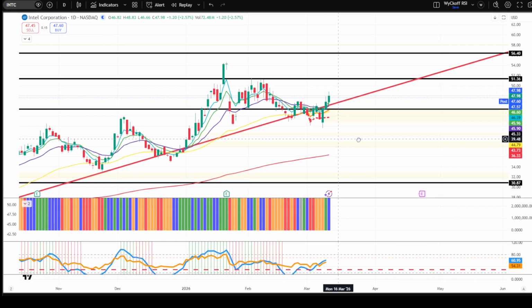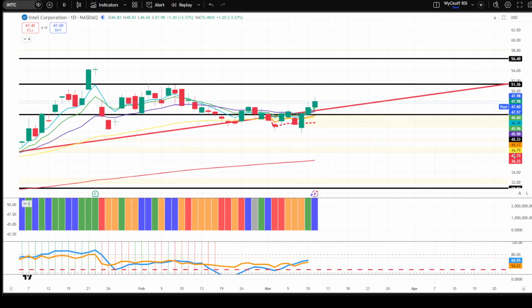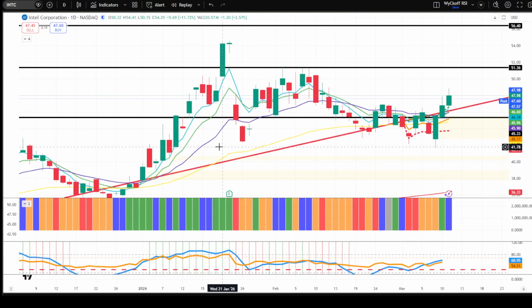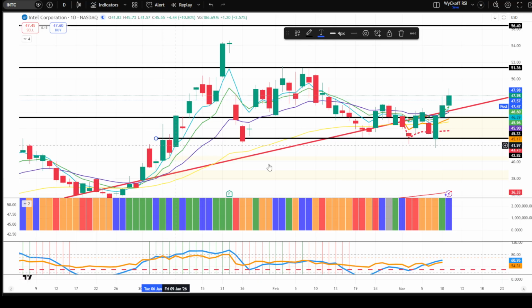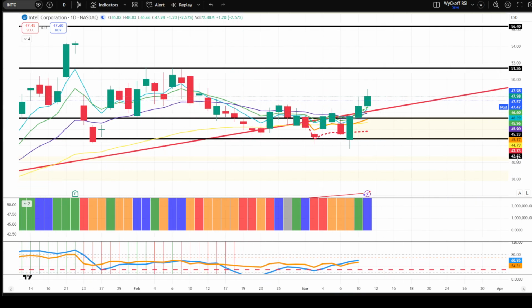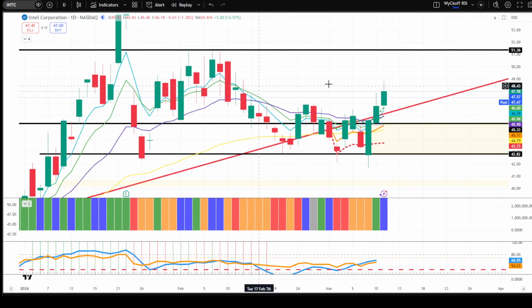And what's going on here? As we zoom in, you see that there are other support levels, right? So you start marking those off. Eventually you're going to have so many lines. Sometimes you don't want that because it can get too busy, but it depends on your trading and what you're looking to do.